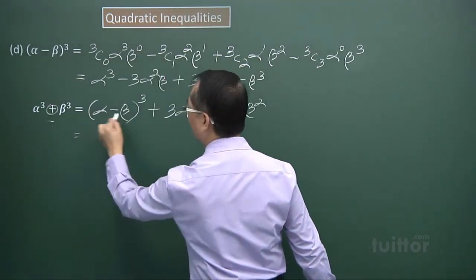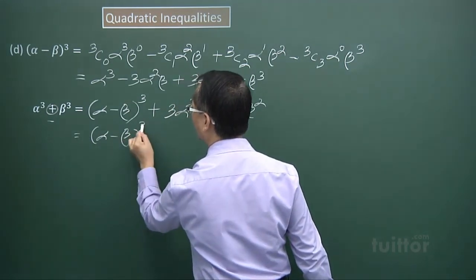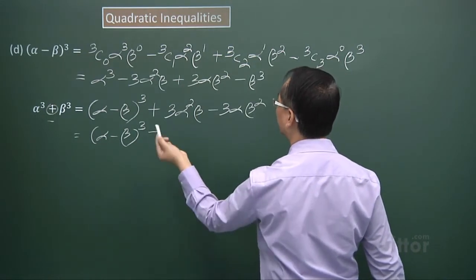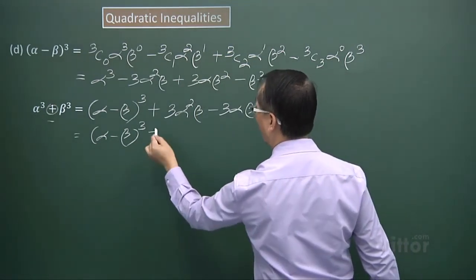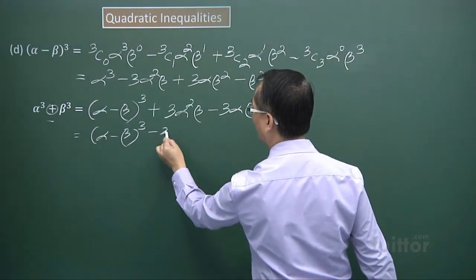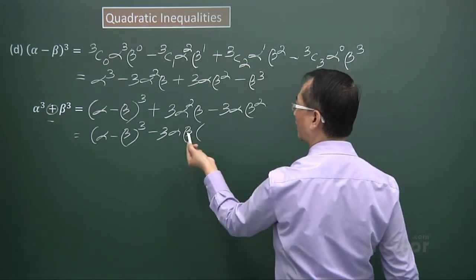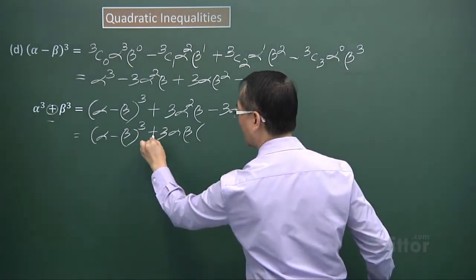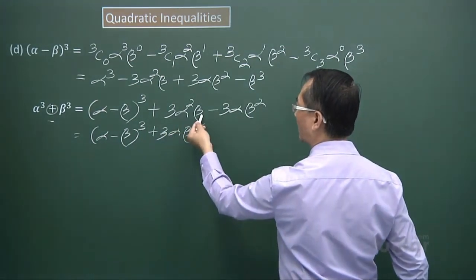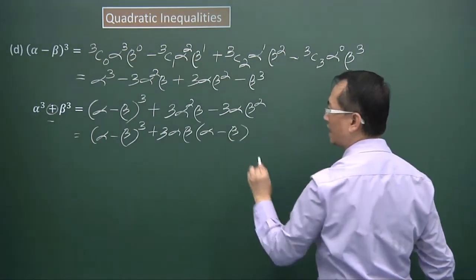Now this is the difference of two roots and its cube. I take out the common factors here. If I take out 3 alpha beta, I'm left with alpha minus beta.